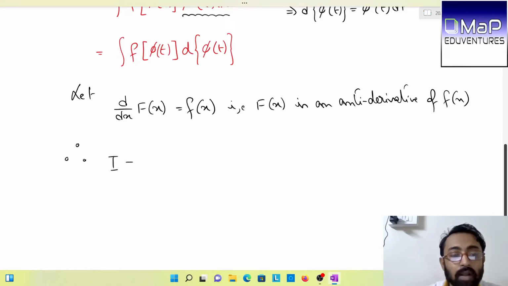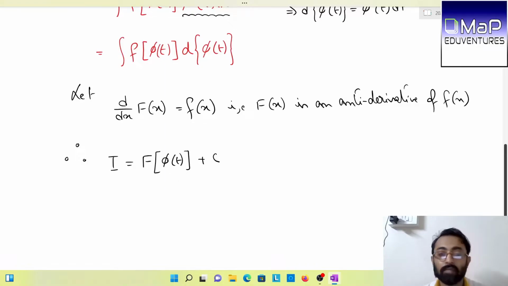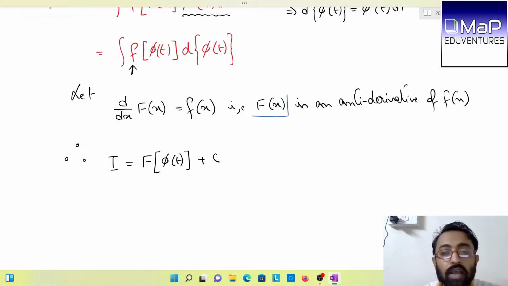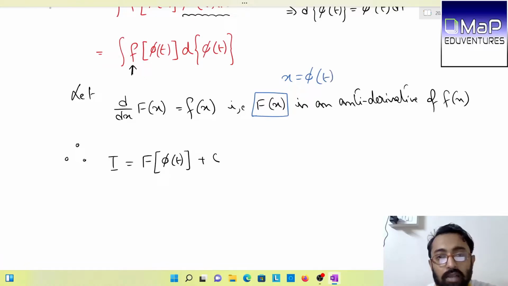Therefore I will become capital F of phi of t plus c. Okay, so here note that the antiderivative of small f we have considered as capital F. Now x is a variable, it has changed to phi of t as x equals phi of t was given. Okay, so therefore this result.